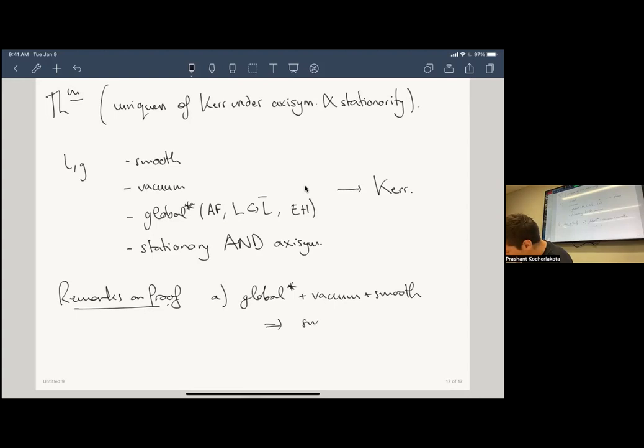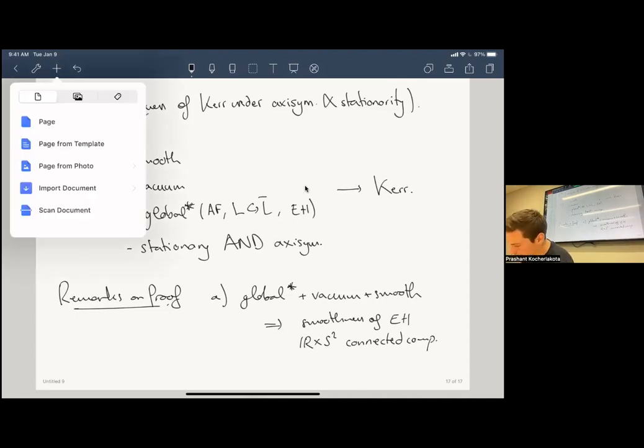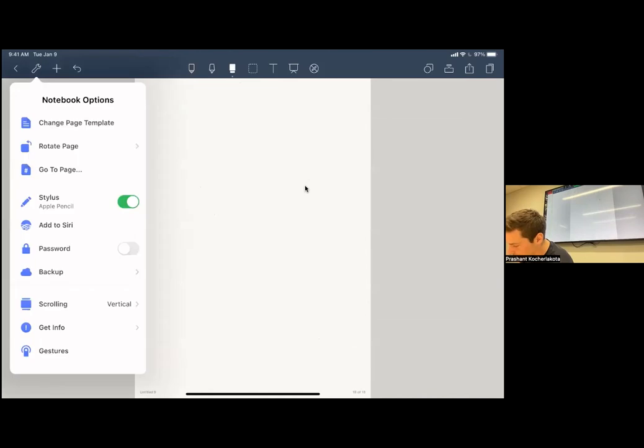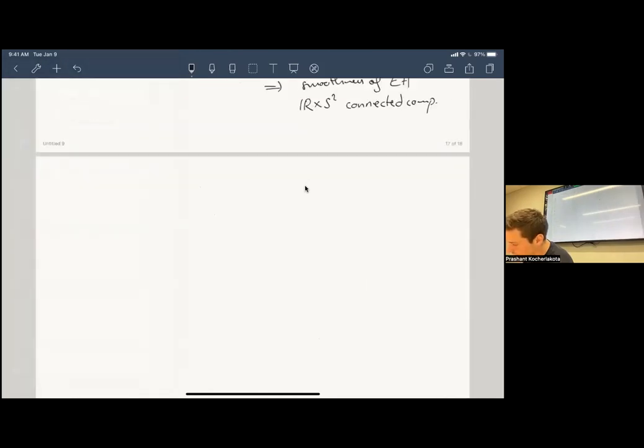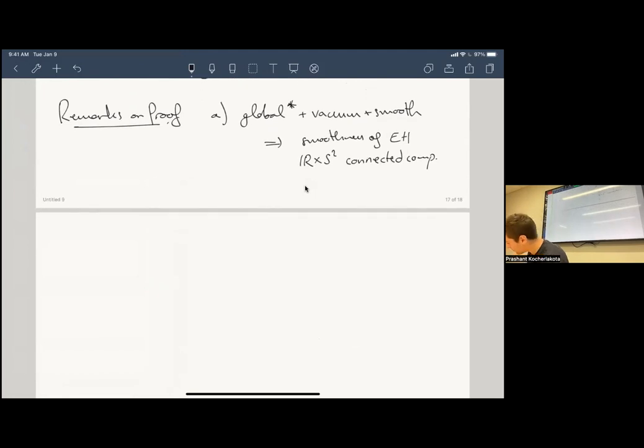So smoothness of the event horizon, and R cross S2 connected components of the event horizon. And then there is a little bit of black magic, not in the sense that it's wrong, but just in the sense that it's surprising.